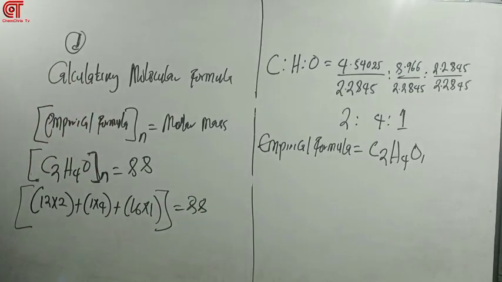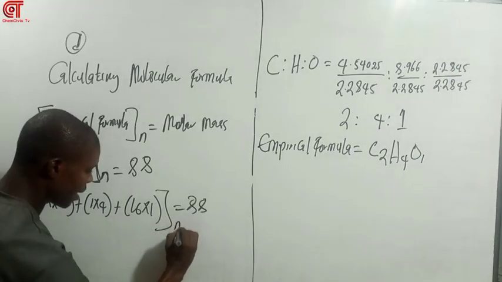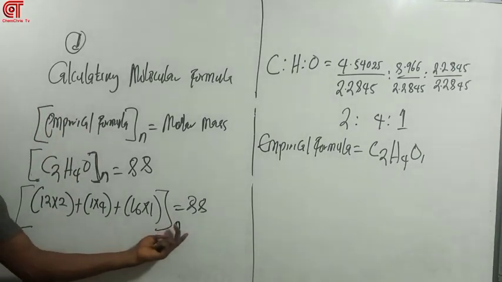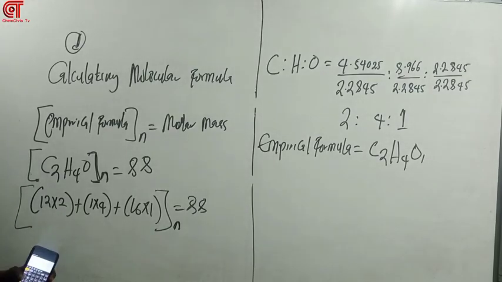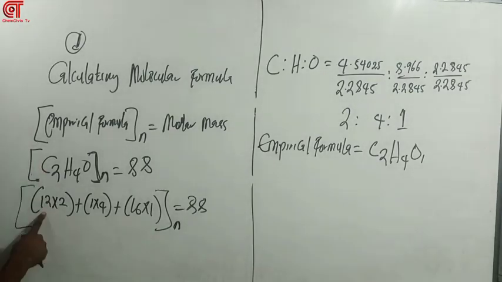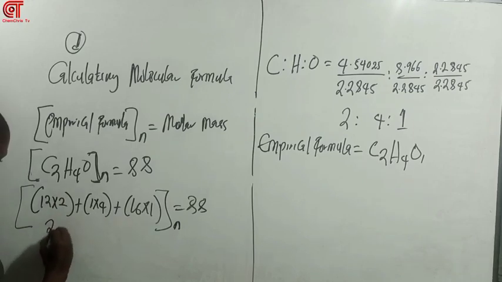Hope you are following. So remember here is N. So you want to look for the number of N here. So the whole of this one here is going to give me 12. So here we have 12 times 2, here we have 24, right?